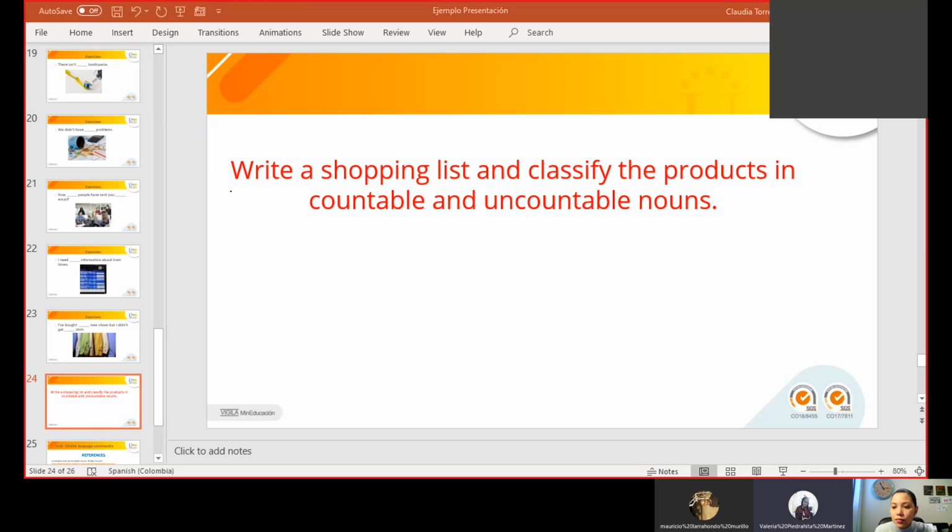And countable: three bags of flour, five green apples, five red apples, tomatoes. A dozen of eggs.